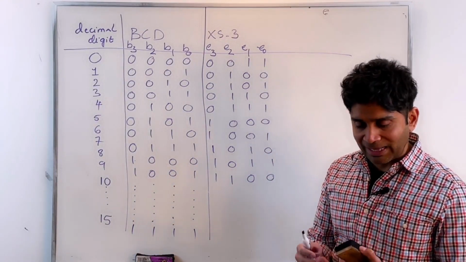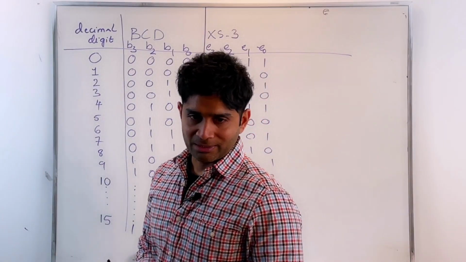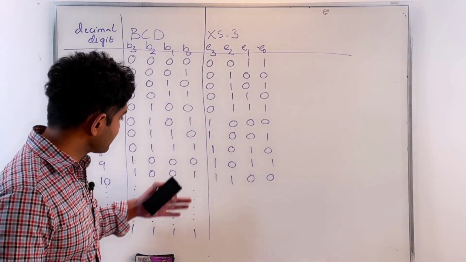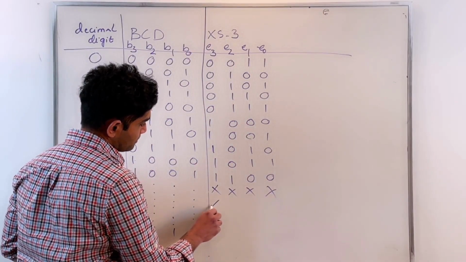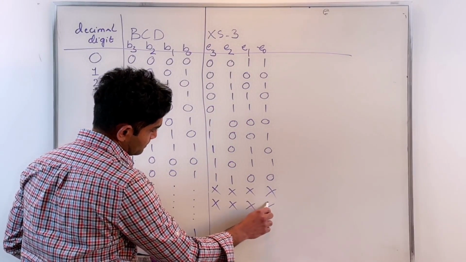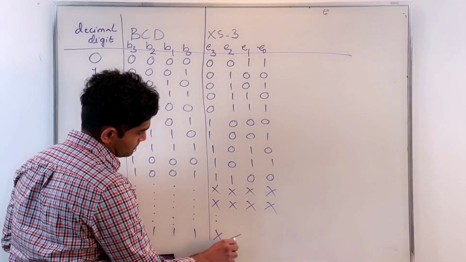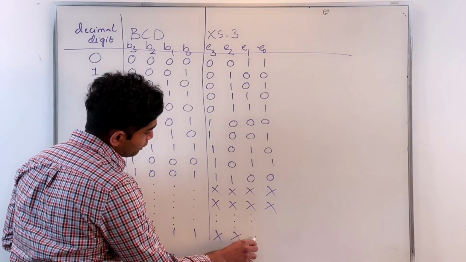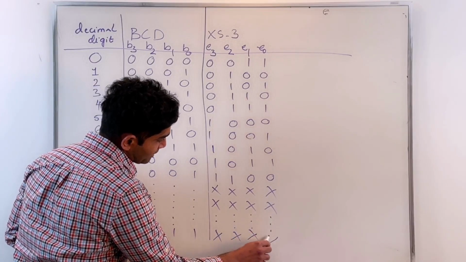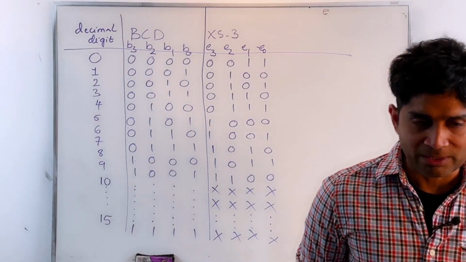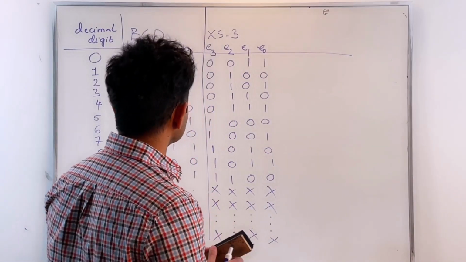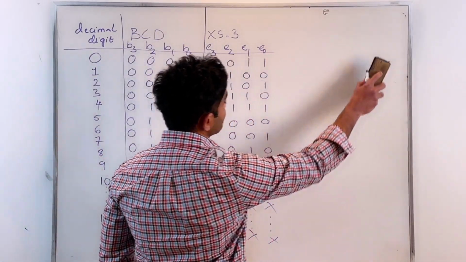This is my classic example of a don't care situation. I basically list them as don't cares. Now I have an opportunity to utilize these don't cares to my advantage. Okay, so that's good. My truth table is complete.